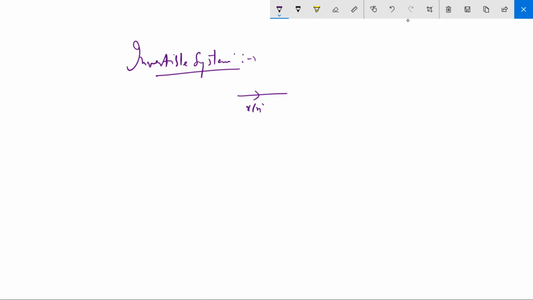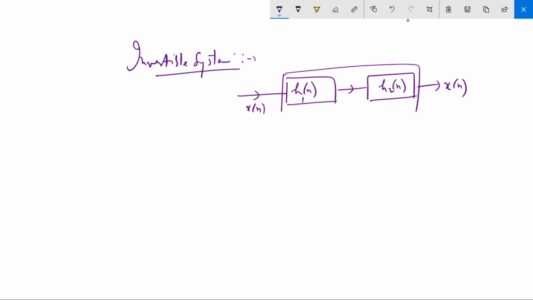Or you can say that if you give x of n as input to a system which has some impulse response h of n, and I pass this through another system, suppose this is h1 and another system h2 of n, the output should be the same as x of n. It means these two systems are in cascade, and the output of this should be equal to x of n.